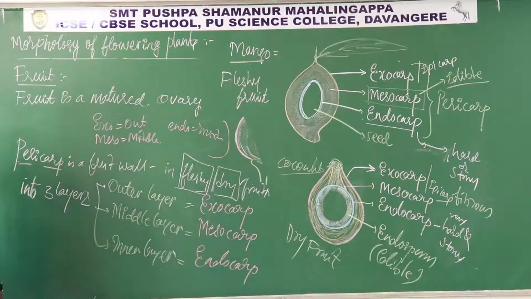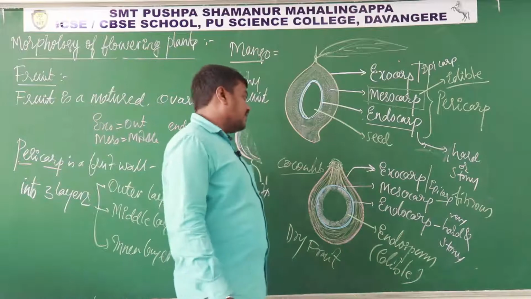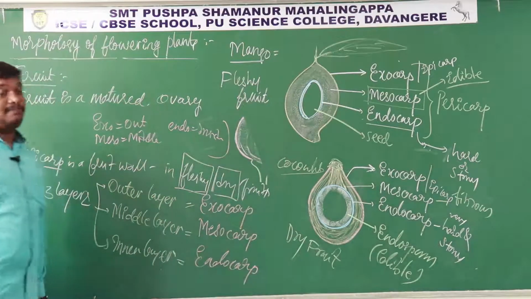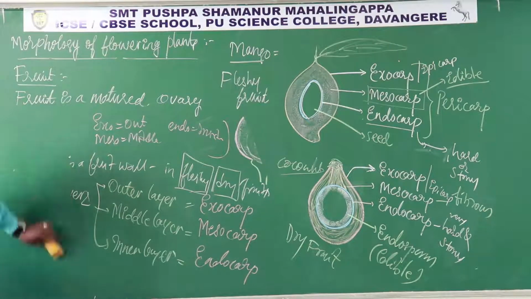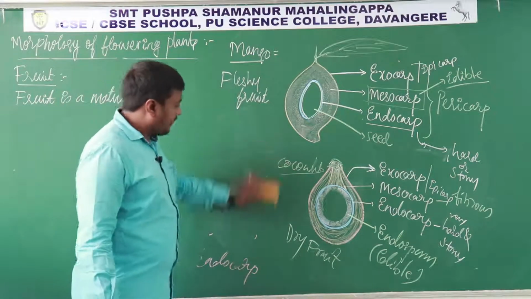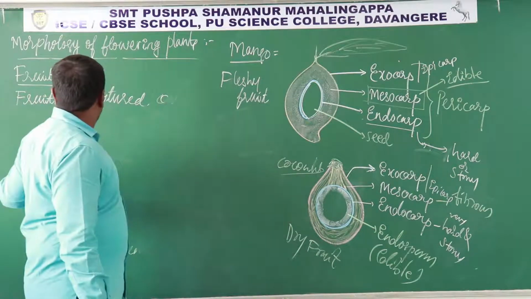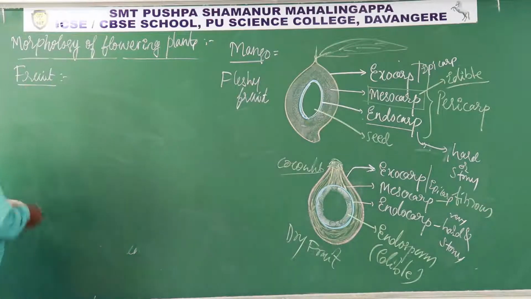Remember, the edible part in mango is mesocarp, the edible part in coconut is endosperm. And based on the type of pericarp, fruits are of two types.